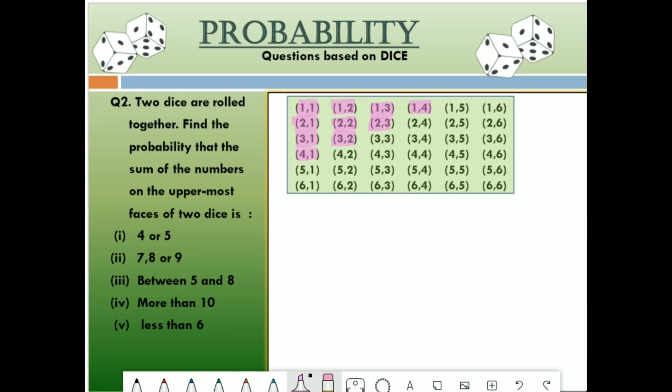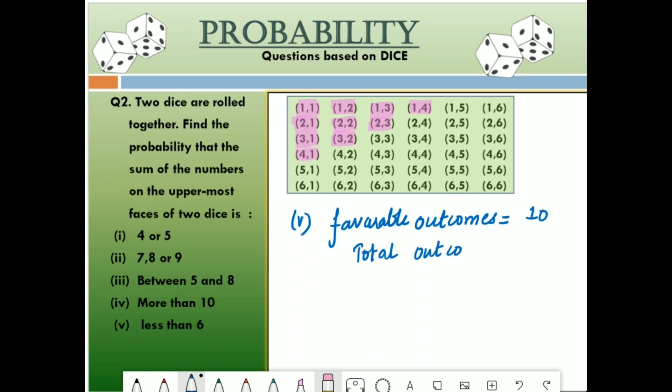So the numbers which are highlighted in pink are the favorable outcomes. Total outcomes is equal to 36. So using formula for probability, we can write 10 upon 36 as the final answer.